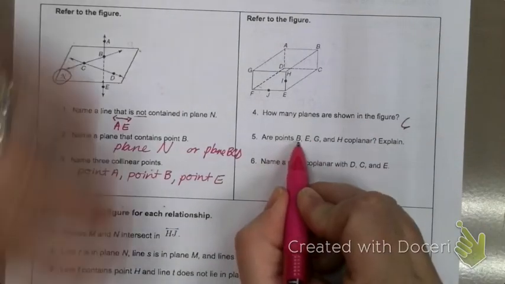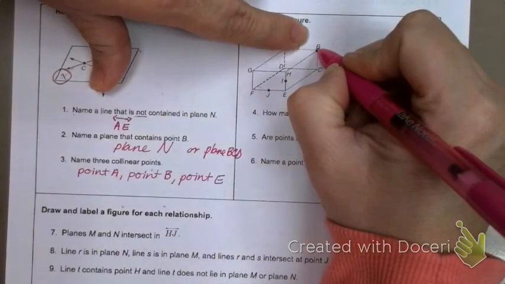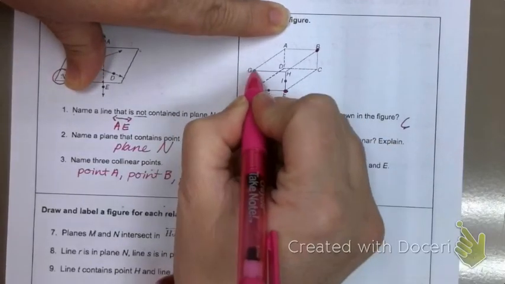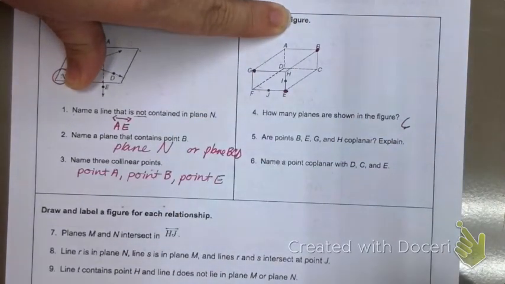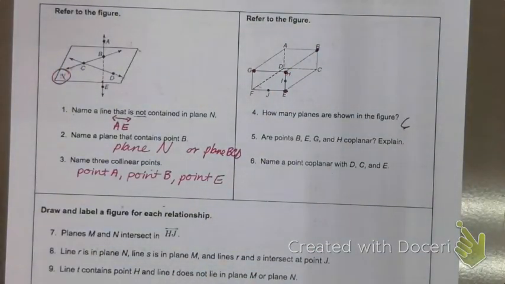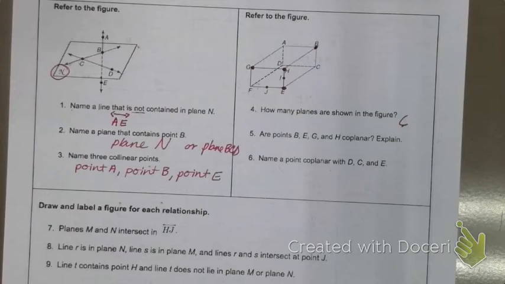Our points B, E, G, and H, are they coplanar? How would I know? If I'm thinking about a box, coplanar means that all the points would be on one of the sides. I couldn't have like 2 on one side and 1 on another side.